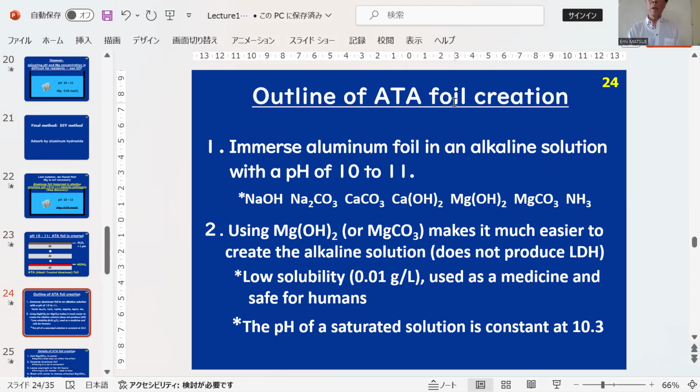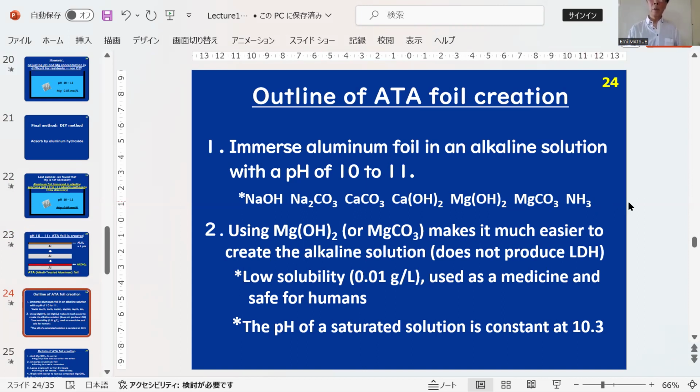Outline of the ATA foil creation. Immerse aluminum foil in an alkaline solution with a pH of 10 to 11. NaOH, Na2CO3, CaCO3, CO2, MgO, MgCO3, NH3, all okay.